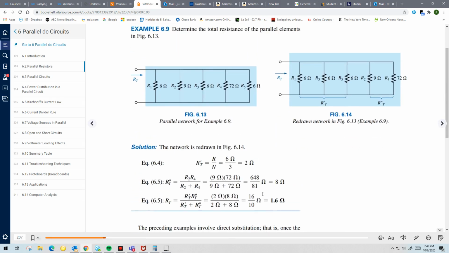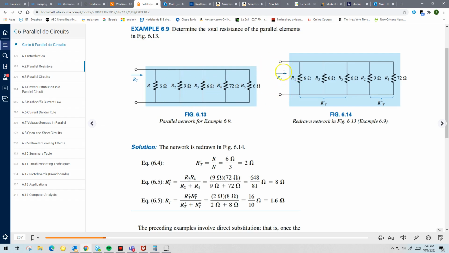And this is one example of this. We have 5 resistors here, and we could move the 6s together and the 9 and the 6 on the side. By moving those resistors, interchanging them, it's not going to change the total resistance. You should be careful when you do that, because if you're looking for something specific to those resistors, then you have to follow what the resistor is.